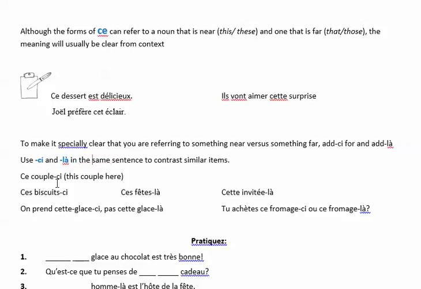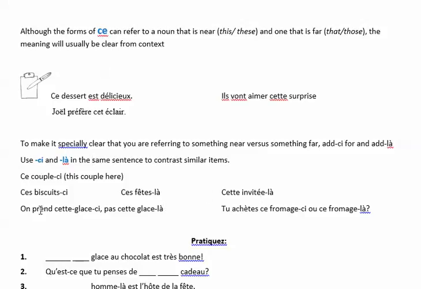So, ce couple-ci, which means this couple here. Ces biscuits-ci, these cookies here. Ces fêtes-là, those parties there. Cet invité-là, that guest there. So ci is for something that's close, là is for something that's a little bit further away.